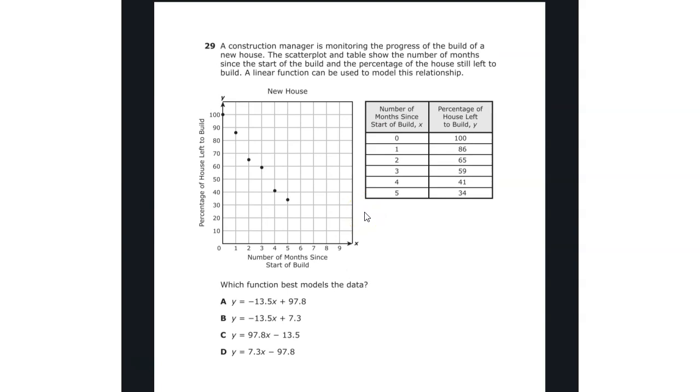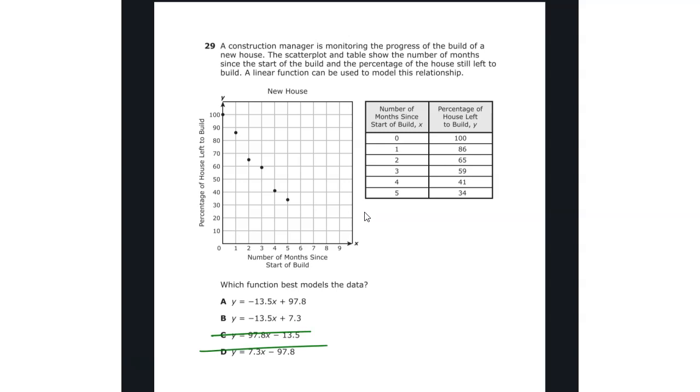Number 29, a construction manager is monitoring the progress of the build of a new house. The scatter plot and table show the number of months since the start of the build and the percentage of the house still left to build. A linear function can be used to model this relationship. First of all, just looking at this, it is going to be a negative slope graph. So anything with a positive slope, we get rid of.